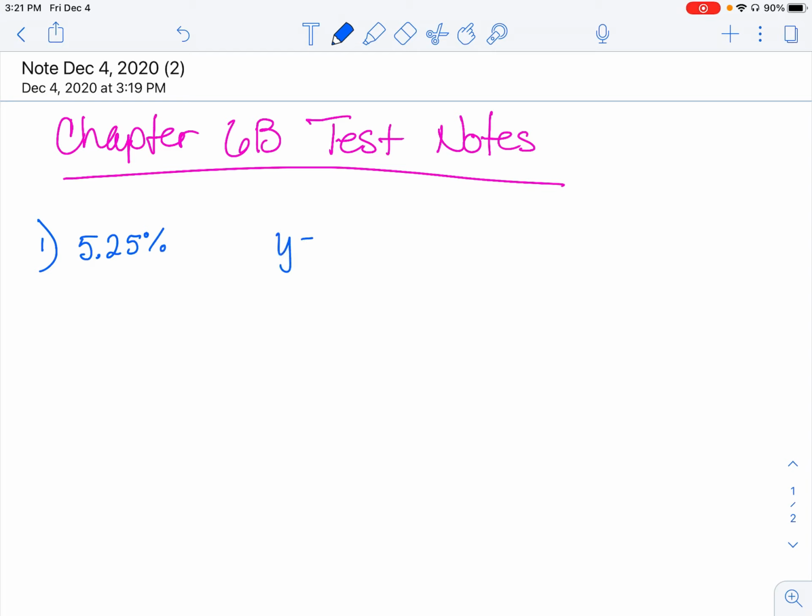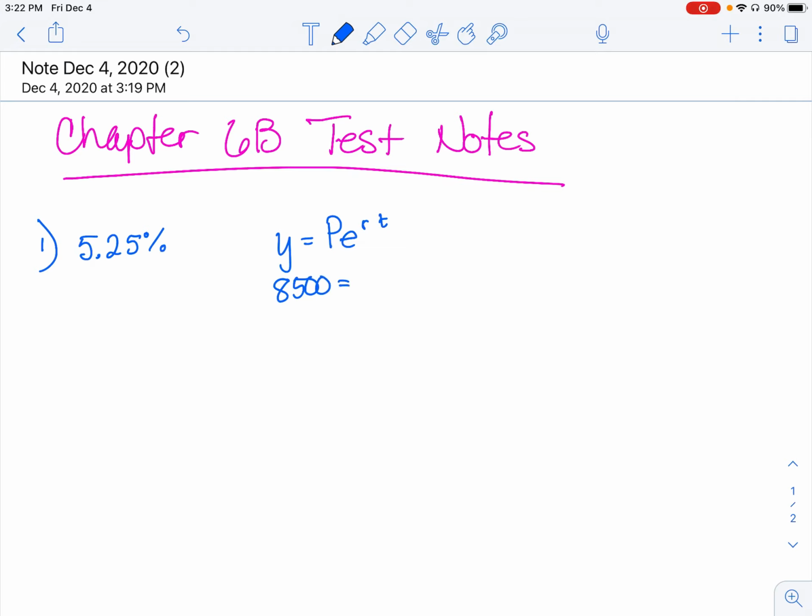Okay, so y equals y naught, or I guess I should say P e to the rt, the initial investment being P. So we have 8,500, which is what you have now.